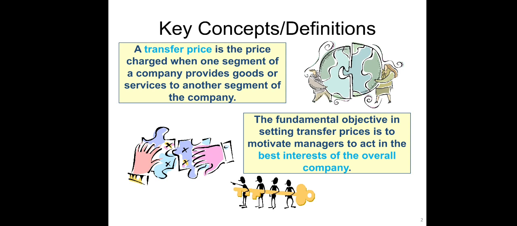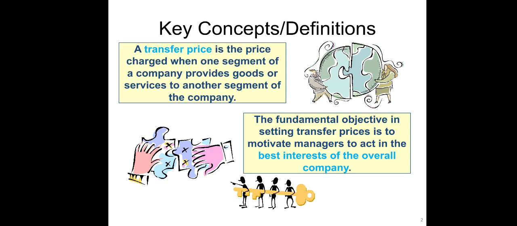So transfer price is the price when the compressor segment sells its product or output to the air condition segment of Panasonic. This is the first thing that you have to understand. Transfer price is the price for a product or a service transferred from one segment in a business to another segment within the same business.